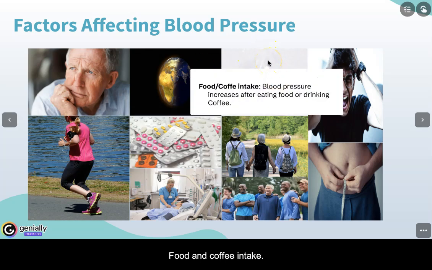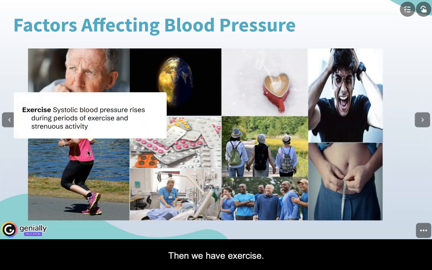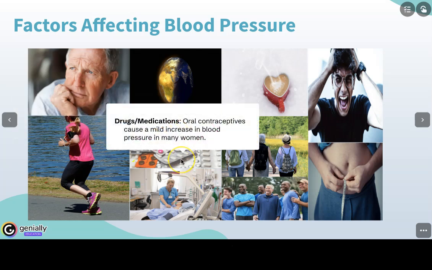Food and coffee intake: blood pressure increases after eating food or drinking caffeinated beverages. Then we have emotional state. Anger, fear, excitement, pain cause the blood pressure to rise, but the pressure falls to normal when the situation passes. Then we have exercise. Systolic pressure rises during periods of exercise and strenuous activity.